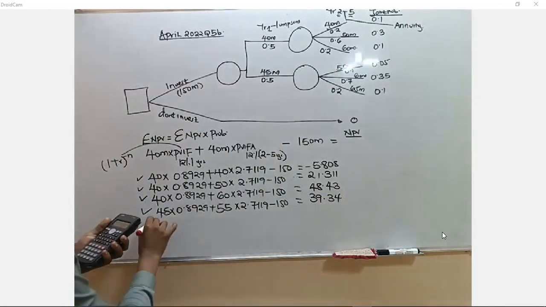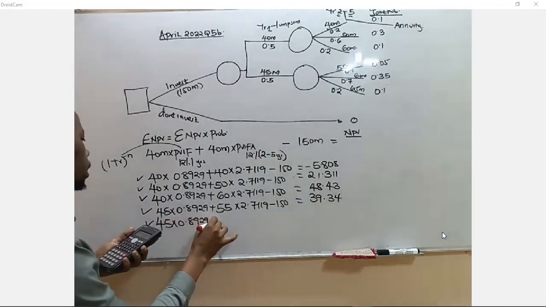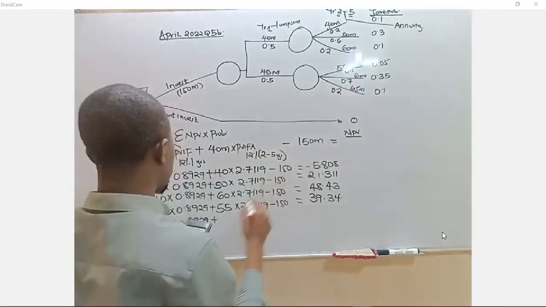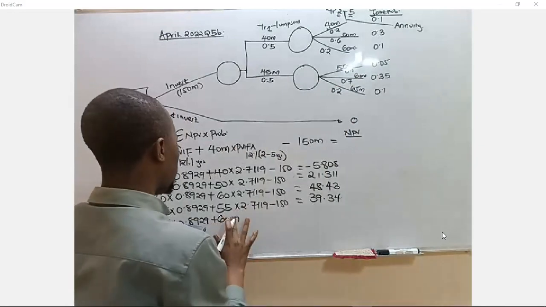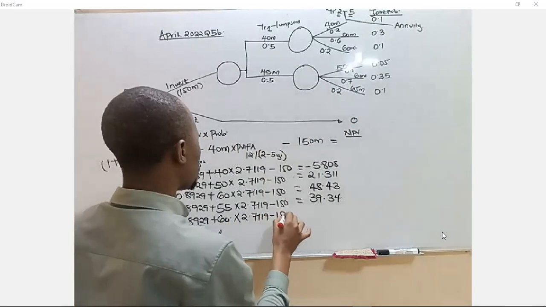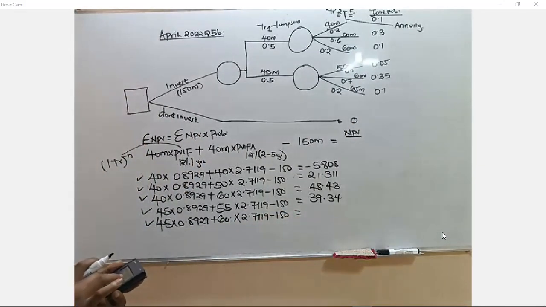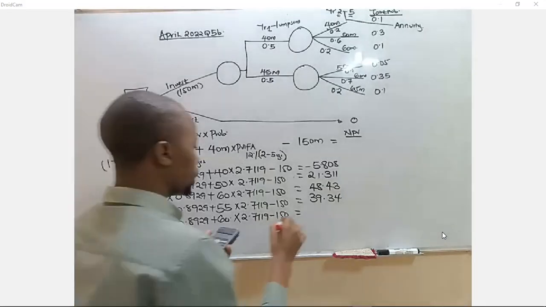Then let us use the other row. We say 45 times 0.8929 plus, now we come to 60, then we multiply by 2.7119 minus 150. So how much is it? I just changed my 55 now to 60, getting 52.89.